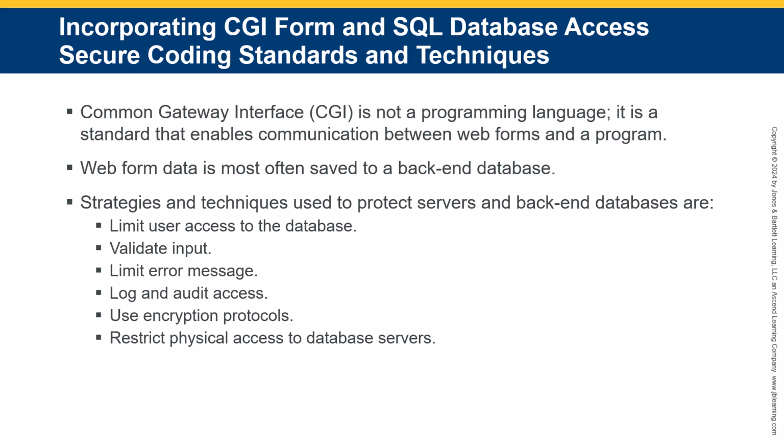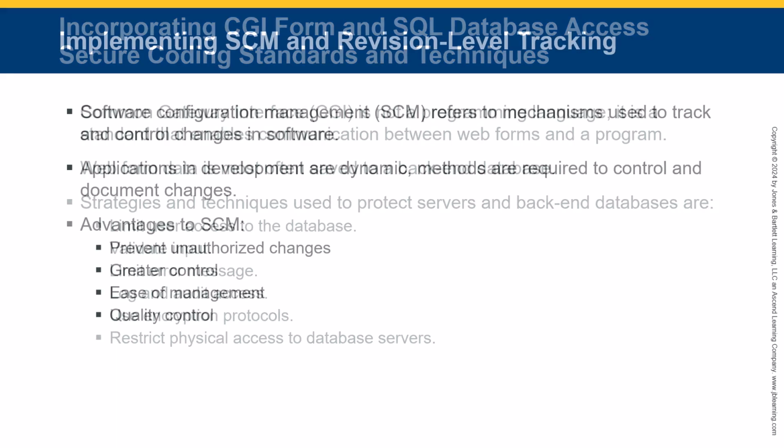Strategies and techniques used to protect the server and backend are, again, limit user access, validate input, limit error messages, log and audit access, encrypt items, again, validate and sanitize inputs, restrict physical access to the database server, and use strong authentication. You're going to notice the common theme. Input validation. You want to keep things simple, encrypted, and log everything. Lastly, authentication controls. Those are the big reoccurring themes that are just going to be over and over and over.